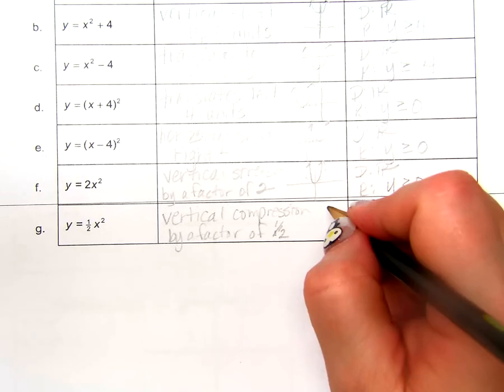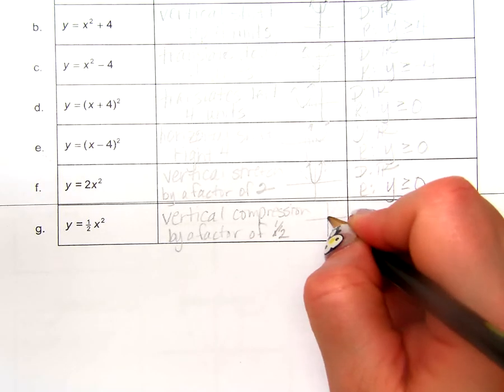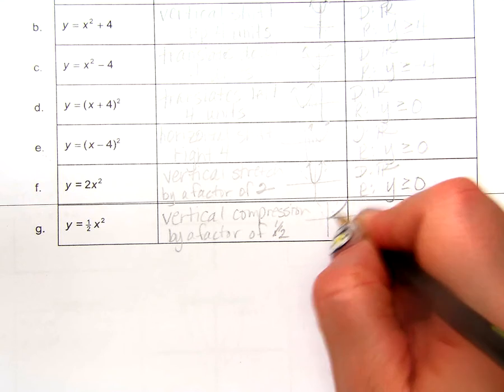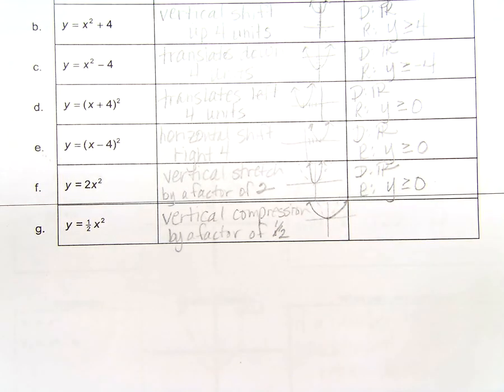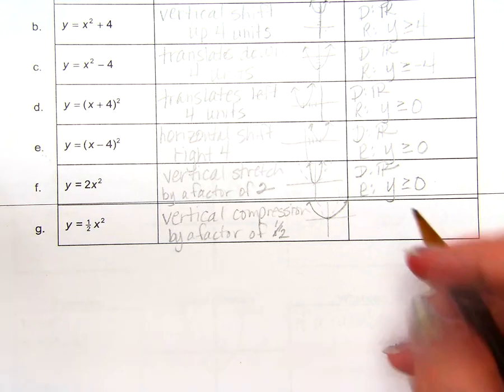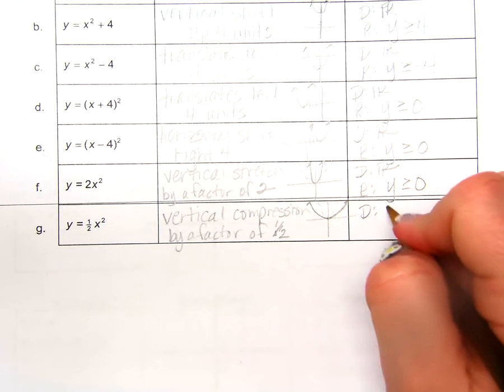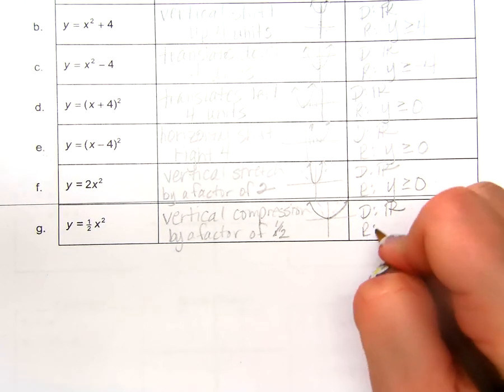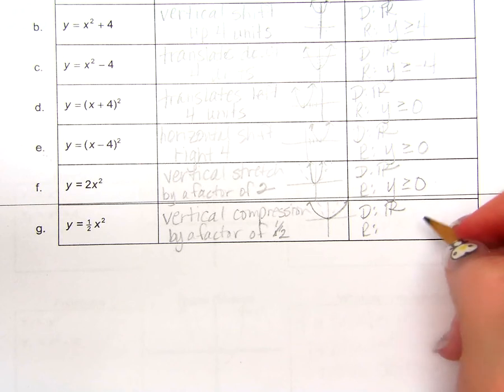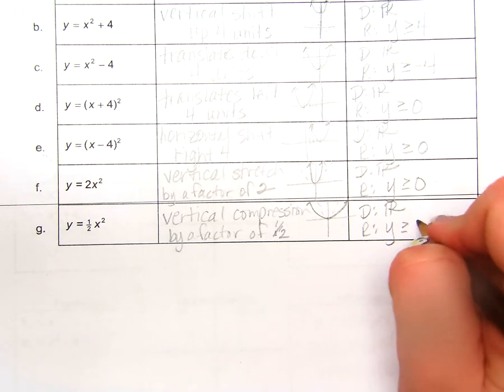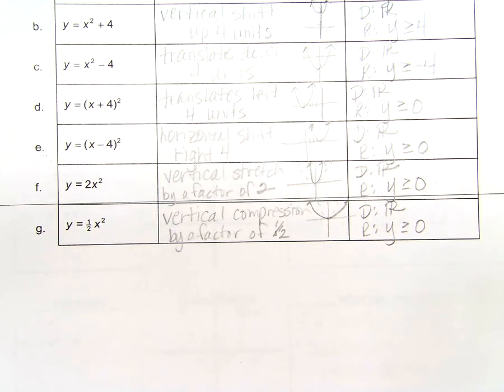Okay? So if this was the regular one right here, it went fatter, wider. Okay? What's my domain? All real. What's my range? Greater than or equal to 0.